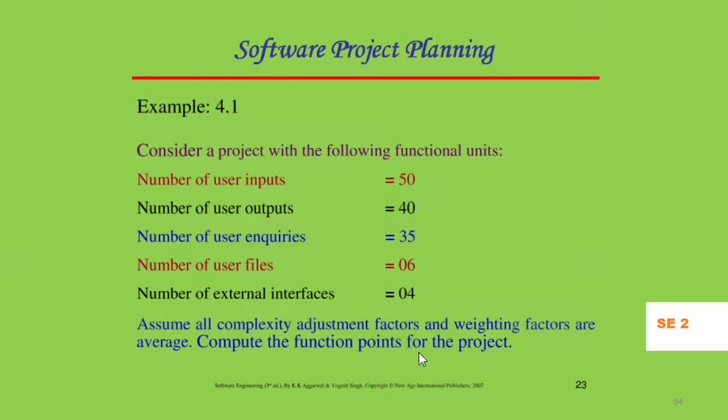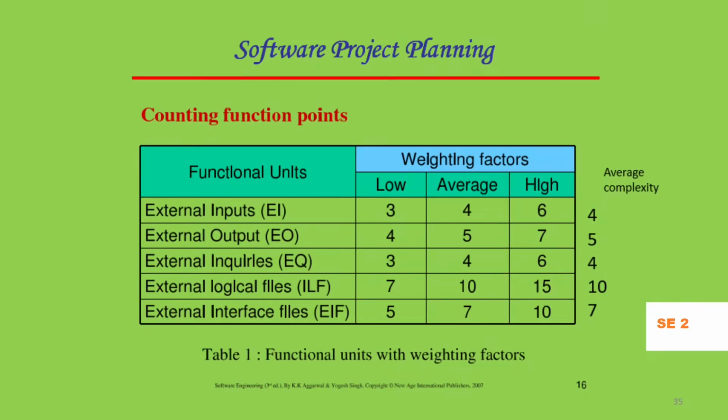So, in this example, we are only asked that the complexity adjustment factor and weighting factor are average, nasa table natin dito. That is why in here, kukunin natin yung average per function unit. Kaya nilagay ko na siya dito para makita natin.